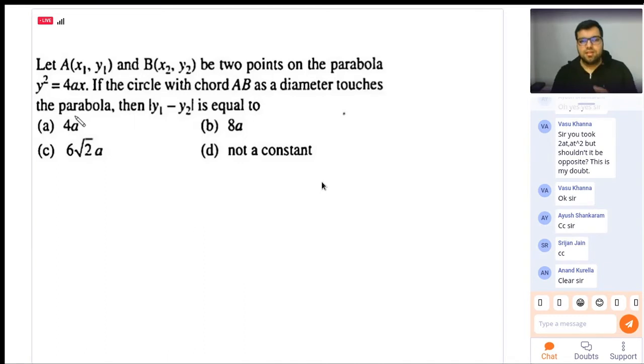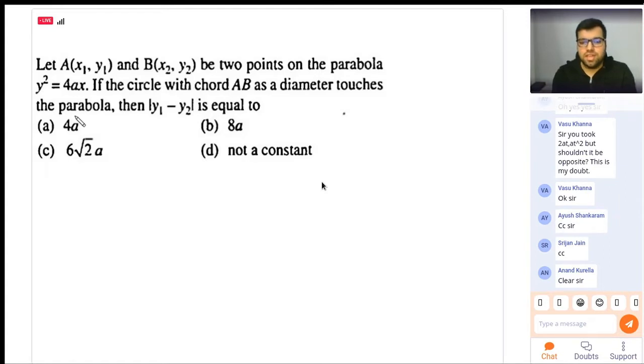Do this question. In this question first, see, in IIT JEE Advanced, the paper setter wants students to think logically. So it is not just solving equations.